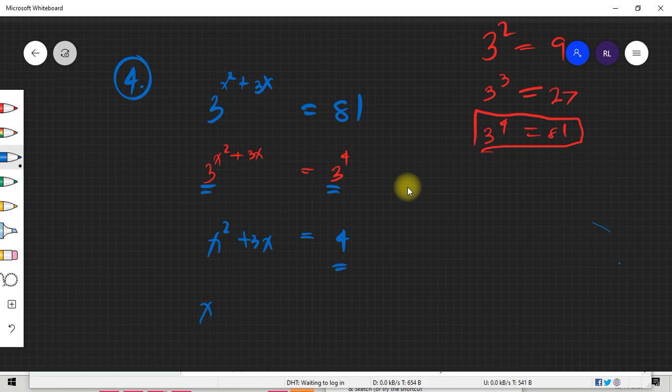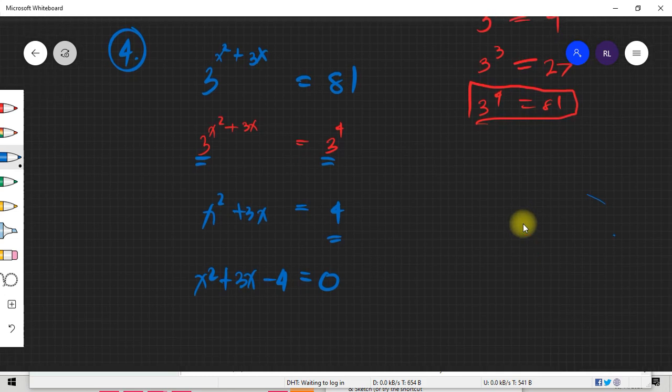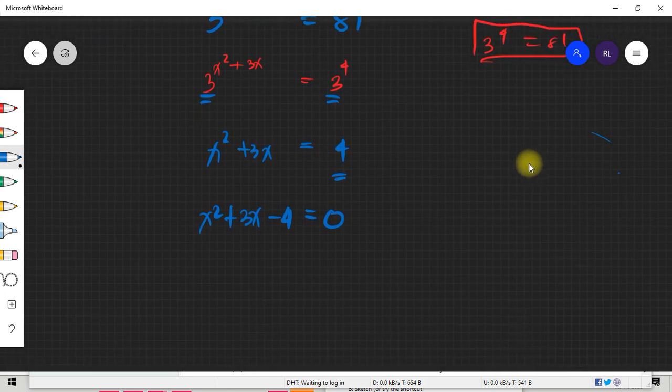So we'll have x squared plus 3x minus 4 equals 0. How do you solve a quadratic equation? You can use the quadratic formula, x equals negative b plus or minus the square root of b squared minus 4ac, all over 2a, or you can use factorization. I guess this one is factorable.